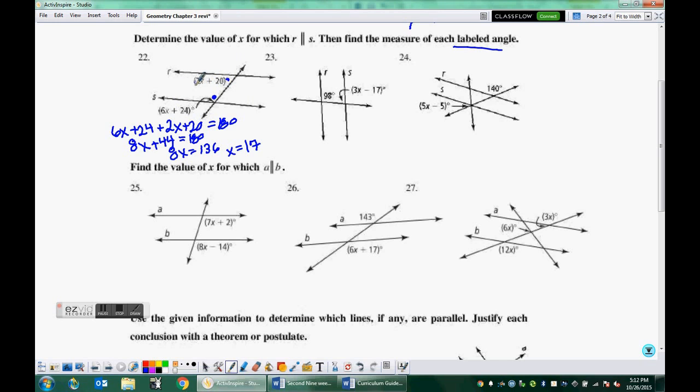Says find the measure of each labeled angle, so that means I need to plug in 2 times 17 plus 20 is 54. 6 times 17 is 102, plus 24 is 126. These should add up to be 180. They do.